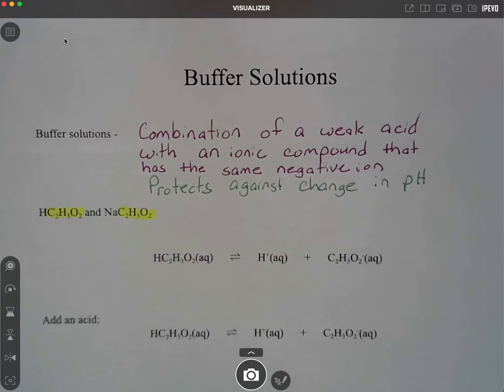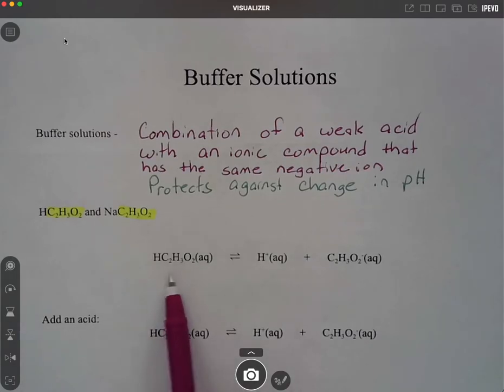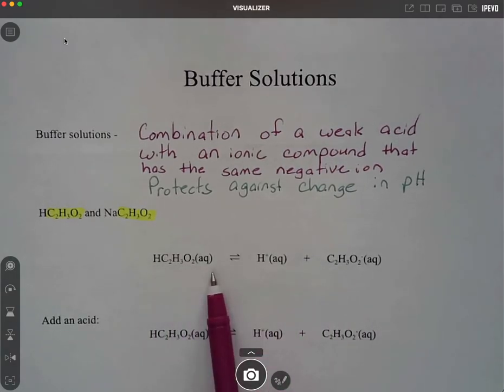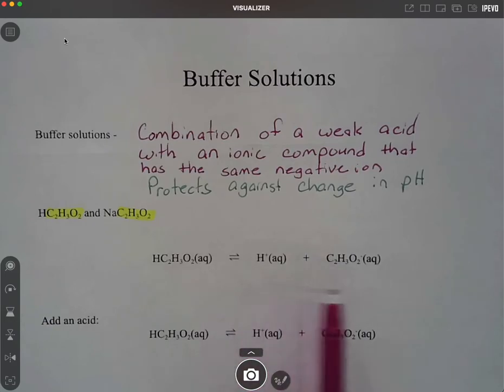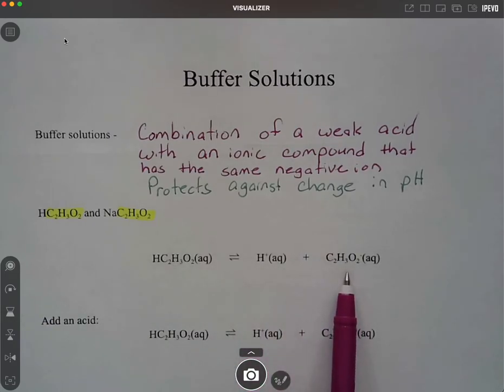The way a buffer solution works is because a weak acid is in equilibrium. So when you had just the acetic acid, you had an equilibrium that had lots of acetic acid and a little bit of hydrogen ion and a little bit of acetate ion.